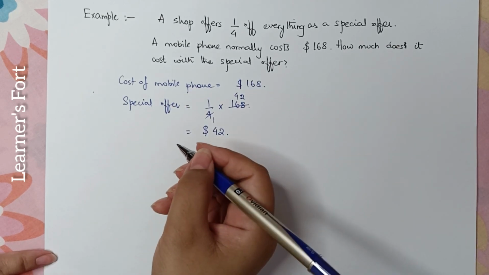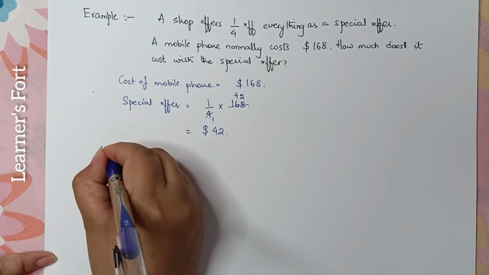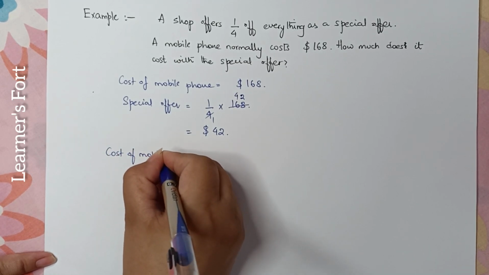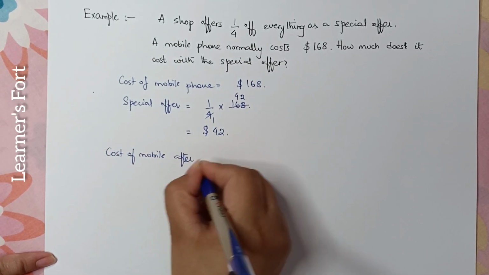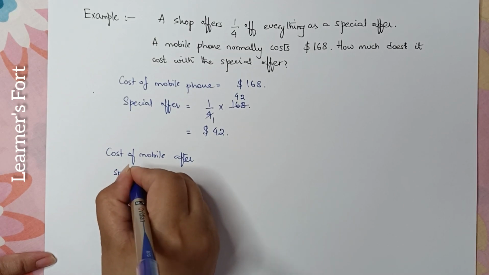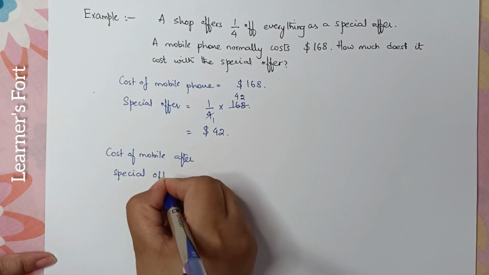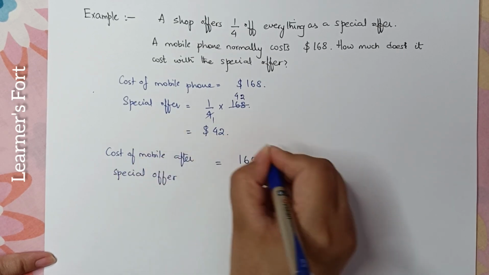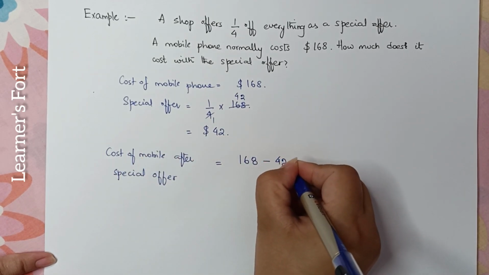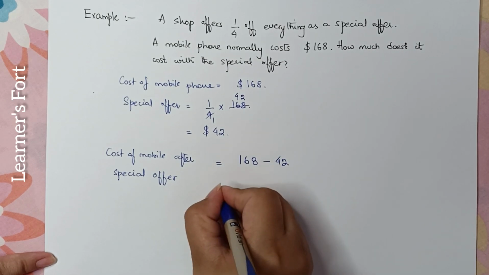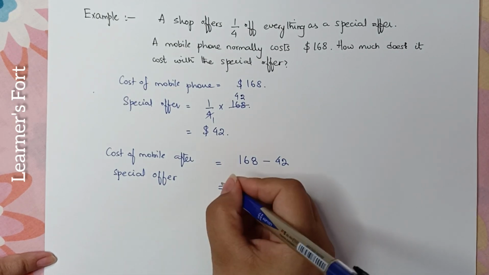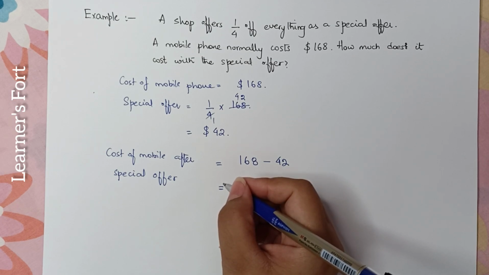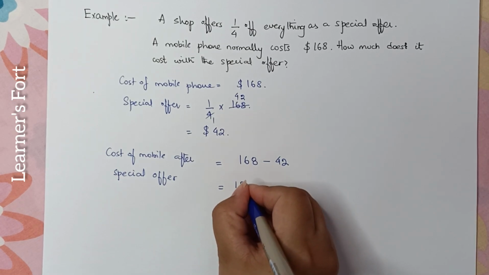So we have to find out the cost of mobile after the special offer, which means that we have to subtract the amount of special offer from the original cost, right? Discount happens like that. When we subtract 42 from 168, we will get $126.